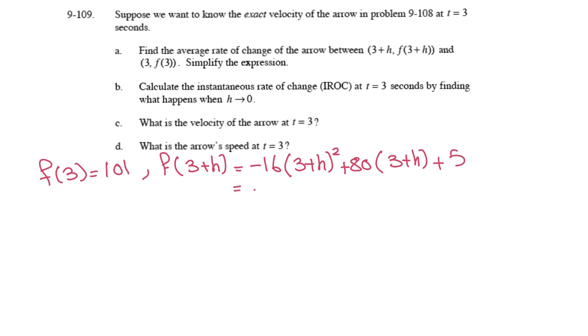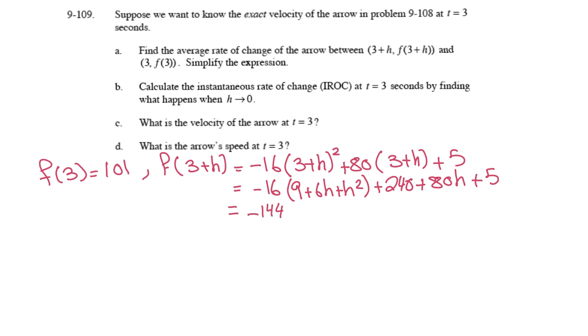Let's simplify this further. Negative 16 times (3 plus h) squared would be 9 plus 6h plus h squared. I'll do my distribution. So it would be 80 times 3, which is 240, plus 80h plus 5. Simplifying further, negative 16 times 9 is negative 144.